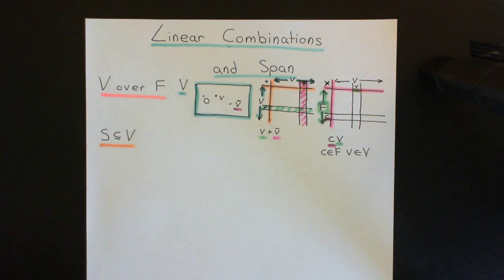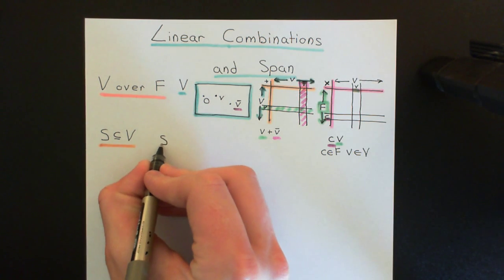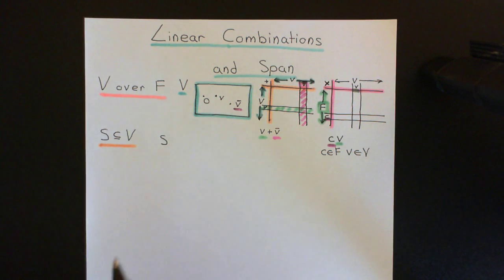Okay, right. And for our purposes, I will write S out as a finite set of vectors, although the concept does extend to infinite sets of vectors, but for our purposes we will just be talking about finite sets of vectors. So we will have a set, capital S, which is going to be a finite set of vectors.